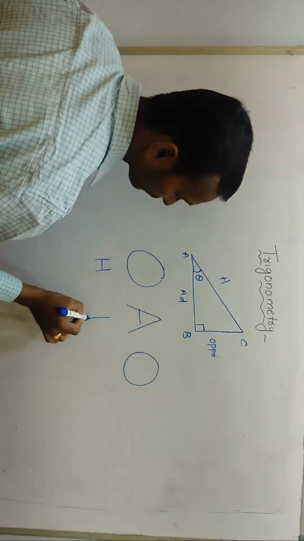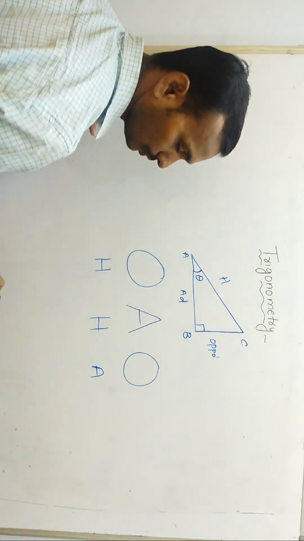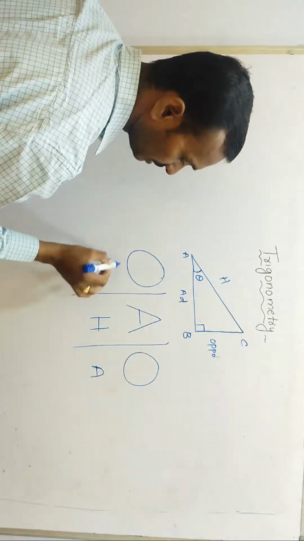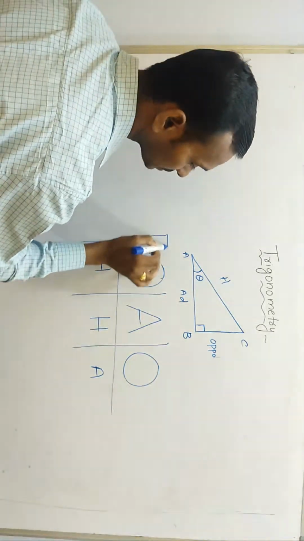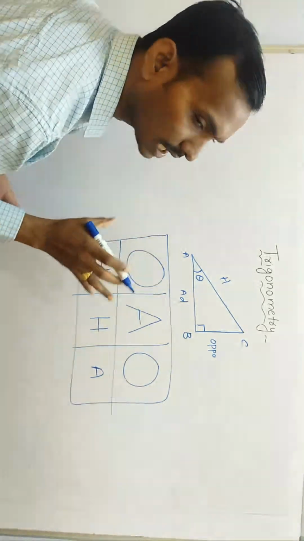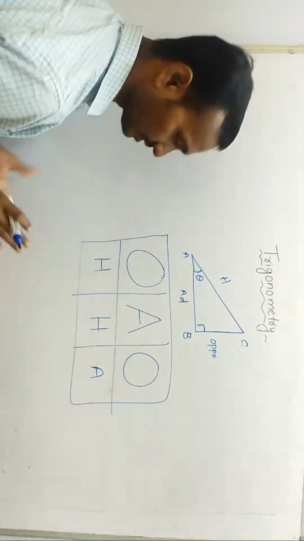What is the meaning of O? O means opposite side, A means adjacent side, H means hypotenuse.